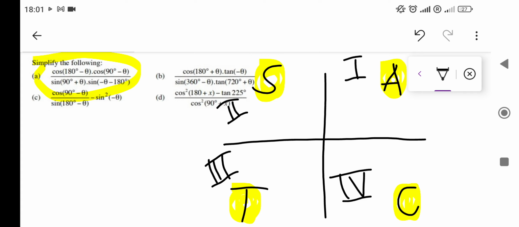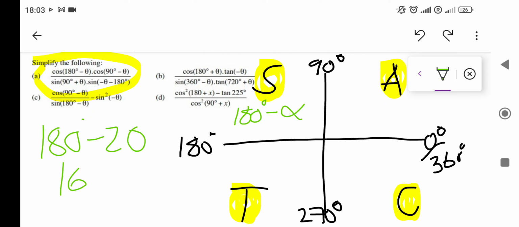If we measure from the positive x-axis anti-clockwise to our line, 160 degrees will probably be from there up until somewhere over there. So when we say 180 minus, it puts us in our second quadrant. So 180 minus alpha, where alpha is acute, puts me into that quadrant.